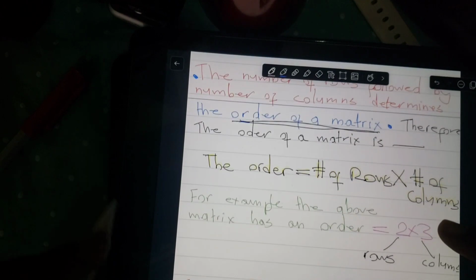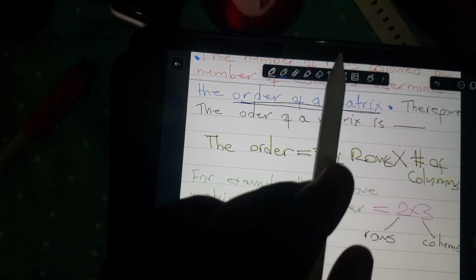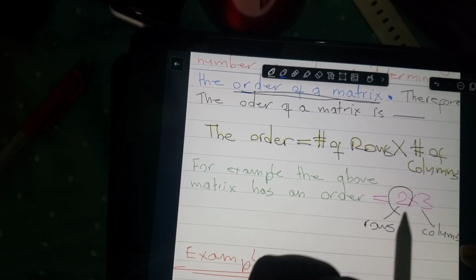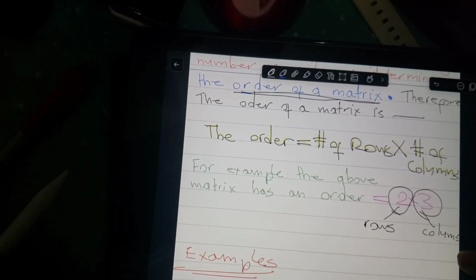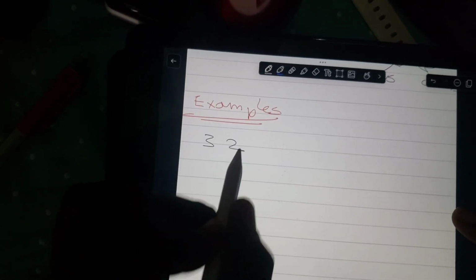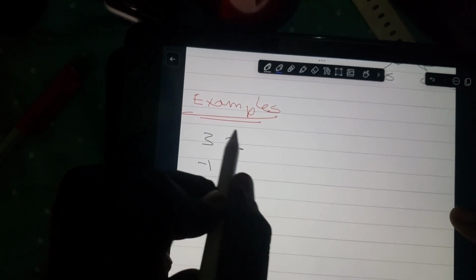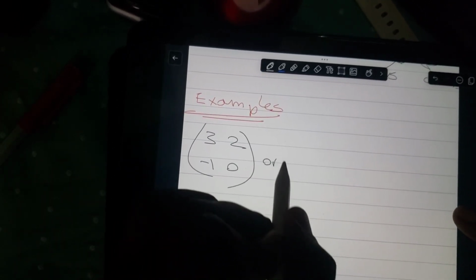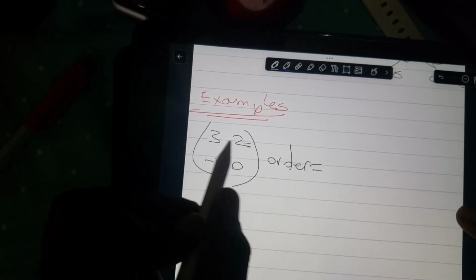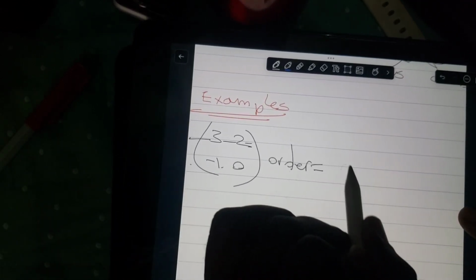For example, the above matrix is set up in 2 rows and 3 columns. I always start with the number of rows, then the number of columns. An example of a matrix: 3, 2, minus 1, 0. The order of this matrix: row number 1, row number 2, so it's a 2.